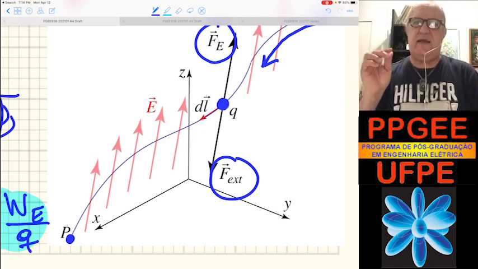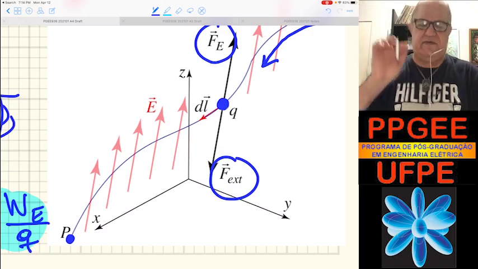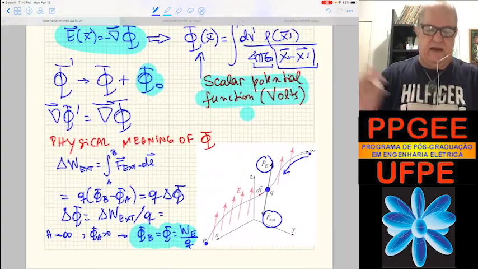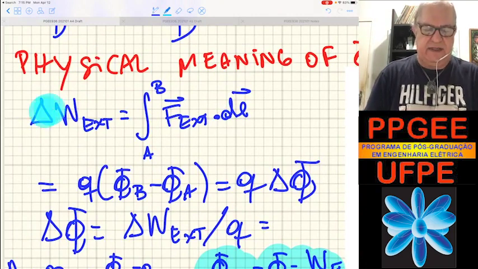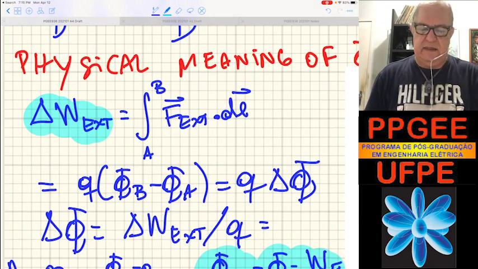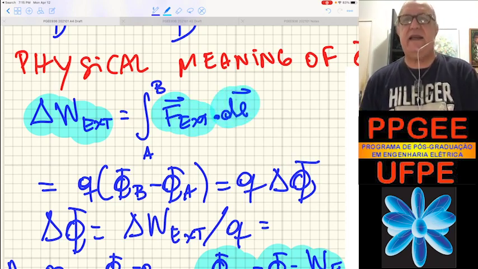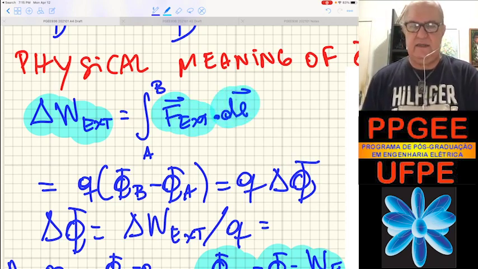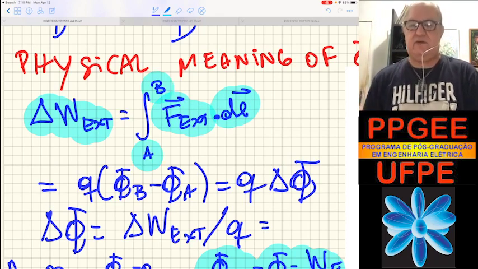So you have to calculate this energy given by the external agent to bring the particle to the final position. That's how we do that. So the energy given by the external agent is simply the work done by the agent, which is the line integral of F external dot dl to move between points A and B. That would be the integral.